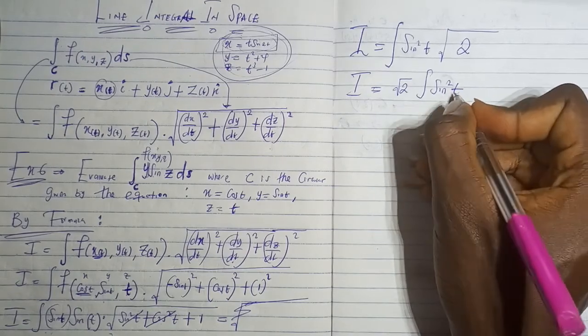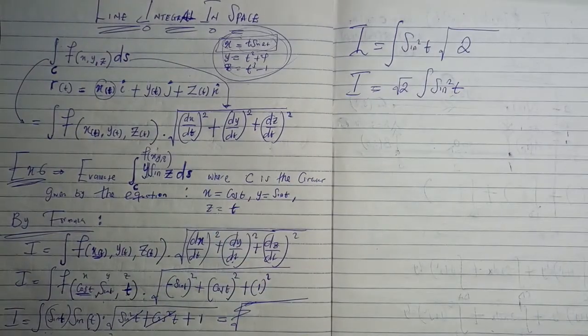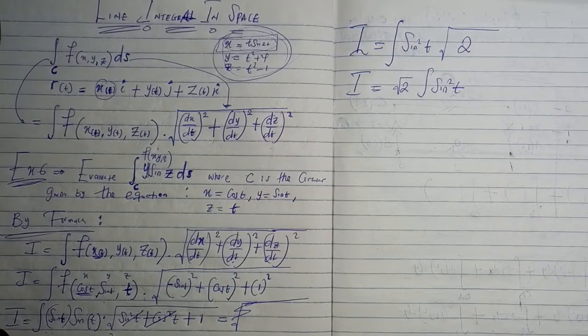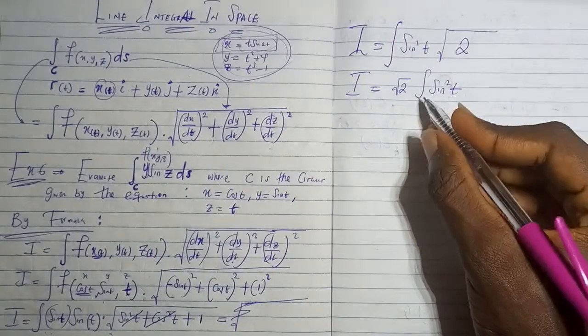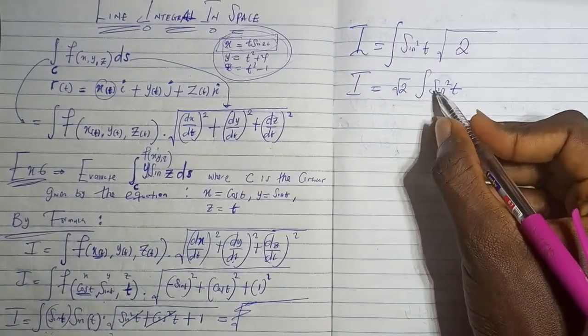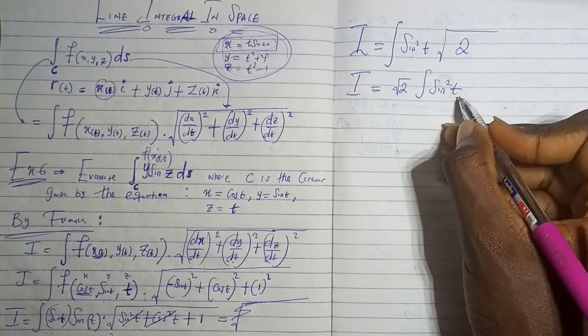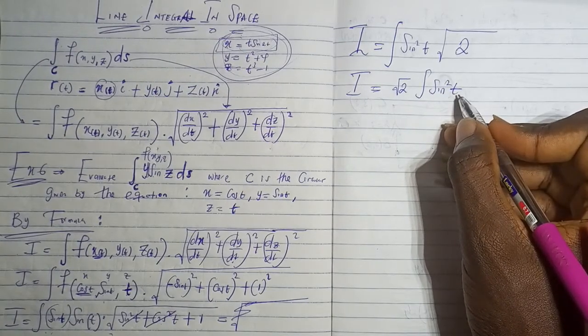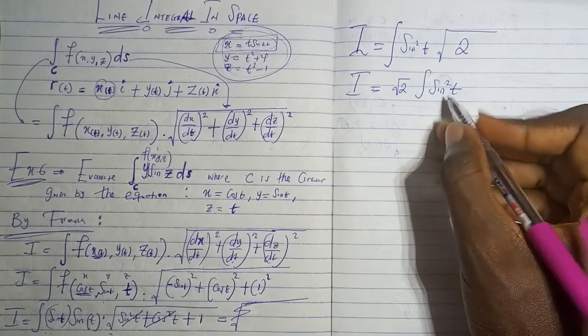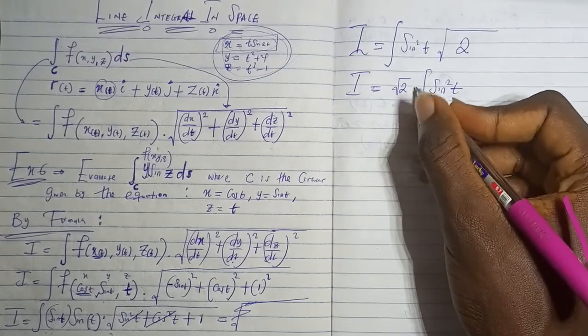And if you want to integrate sin squared t, you should know what to do from there. But in this case, we need the lower limit and the upper limit.